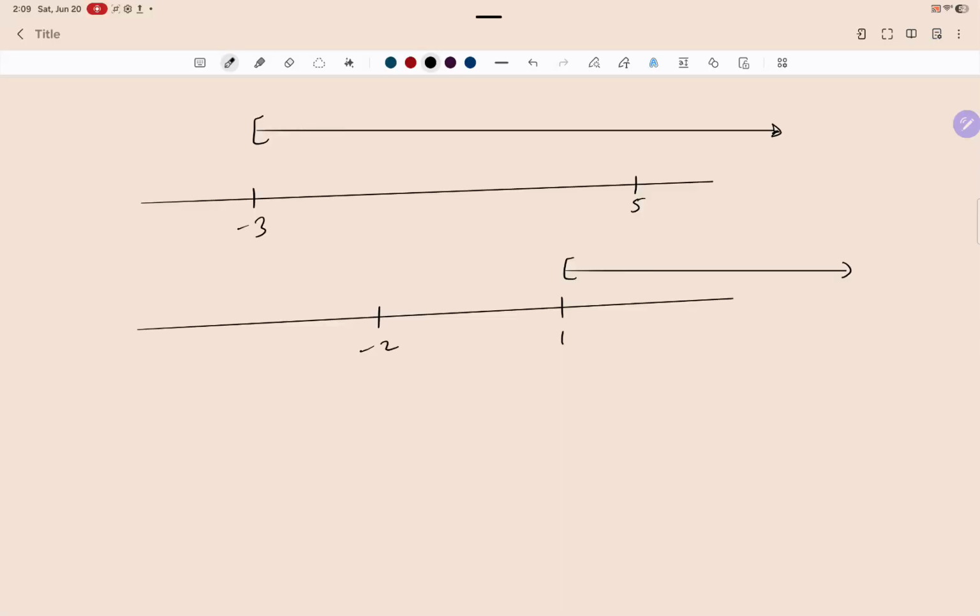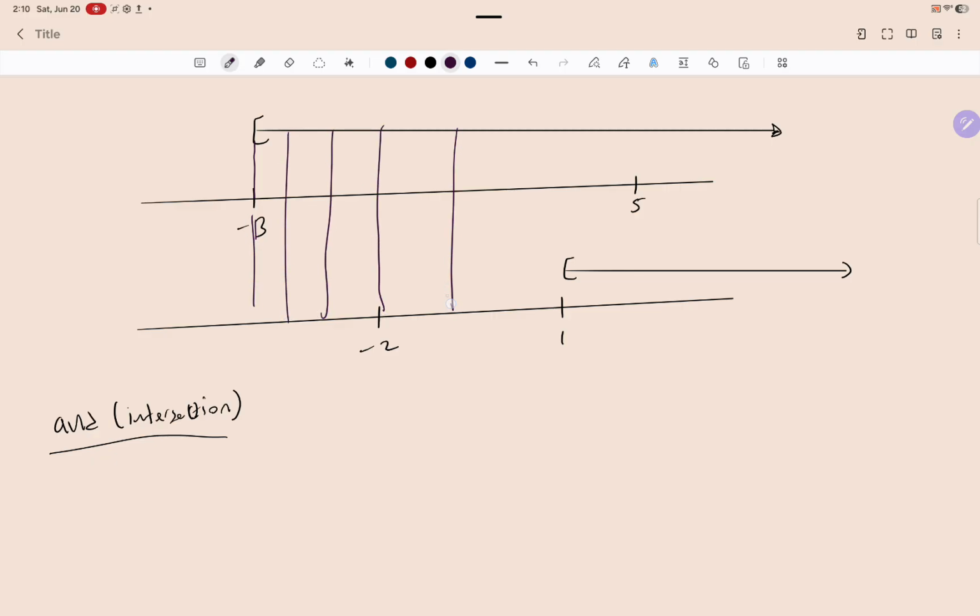But maybe that last problem was a bit weird, right? Here's one that's a bit easier. So here, what I care about is the and, in other words, the intersection of these two rays. Okay, so let's talk about it. Remember, it's the region of overlap. So what I like to do is draw them and then just shade them in.